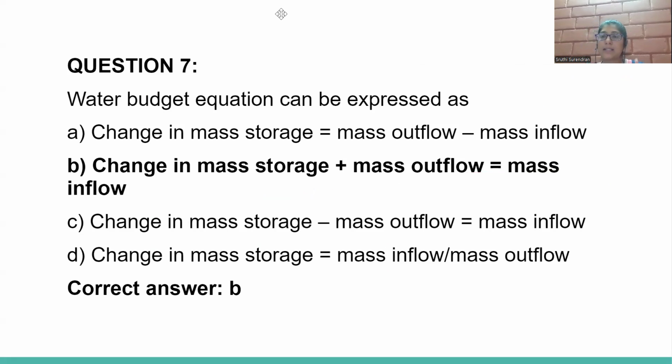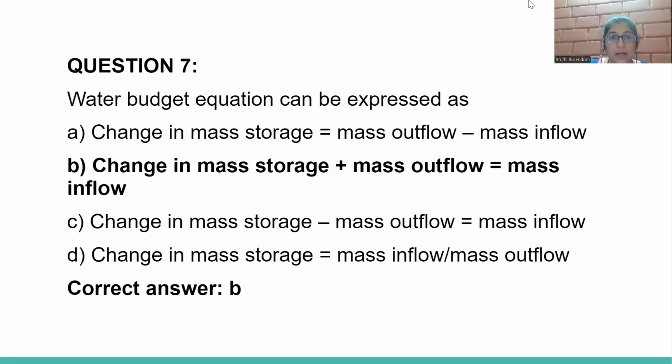This water cycle is something where there's continuous water going around. Water is not being lost, nor is a new amount of water coming into the cycle. Whatever water is coming onto the surface is going back into the atmosphere. So this water budget equation is balancing that mass of water that is coming in and going out.